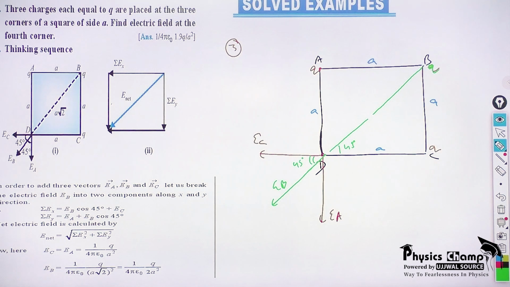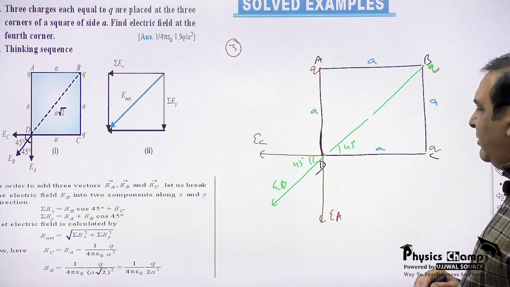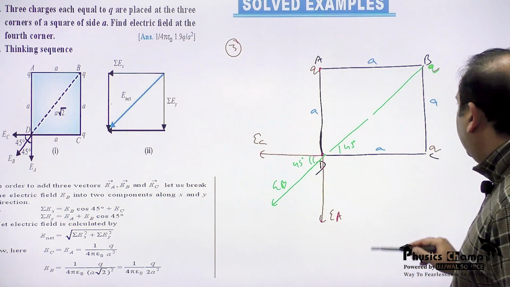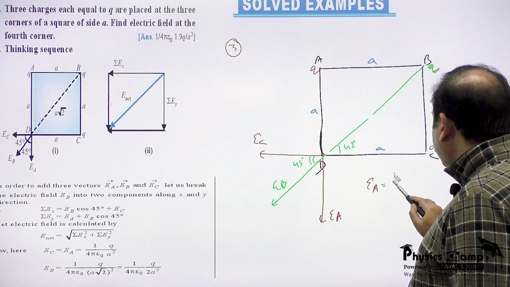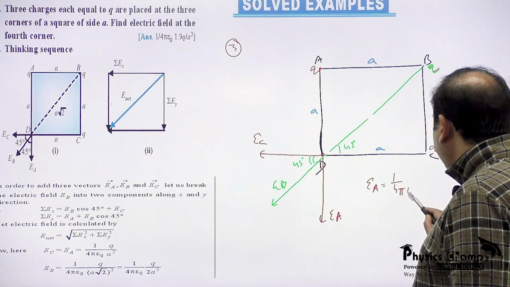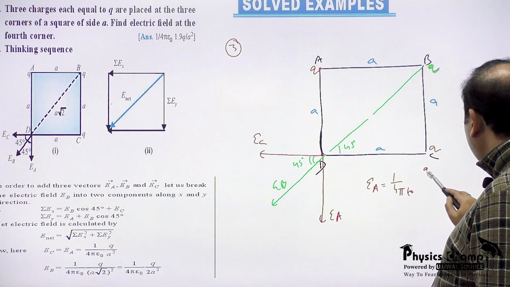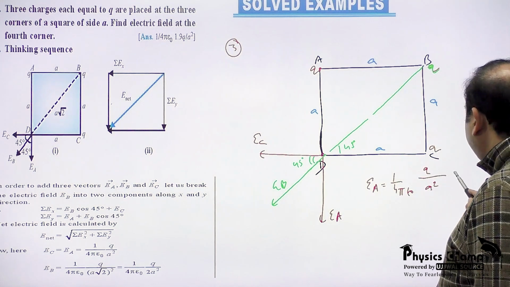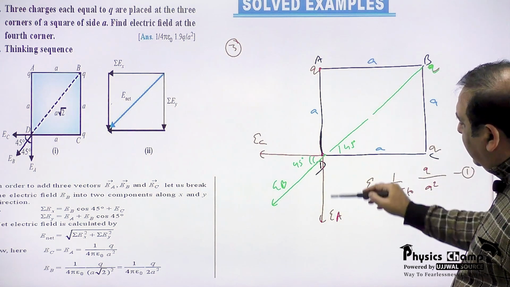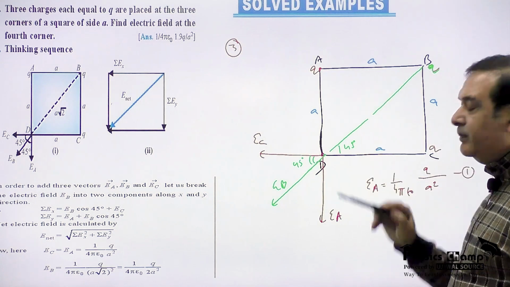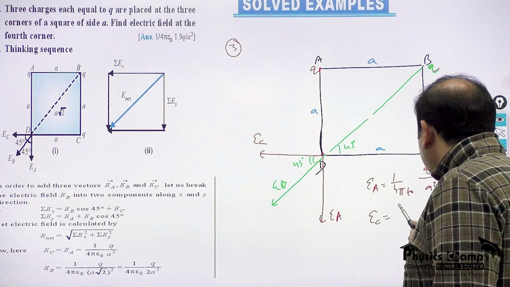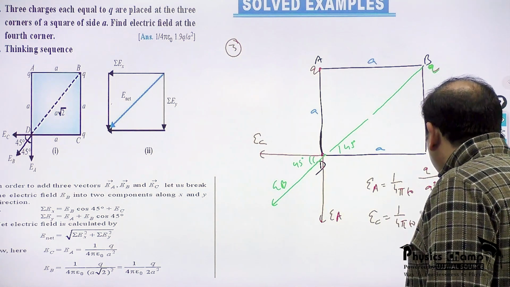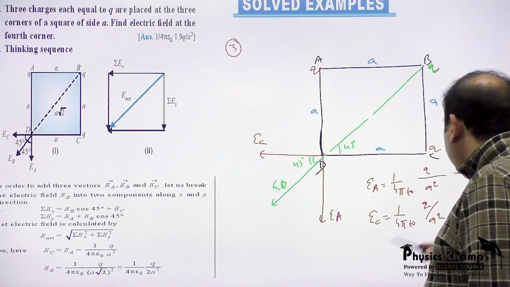So if I ask, can you tell what is the value of EA, EC and EB? EA will be 1 by 4 pi epsilon naught Q by A square. EC will be 1 by 4 pi epsilon naught Q by A square. Their magnitude is same.